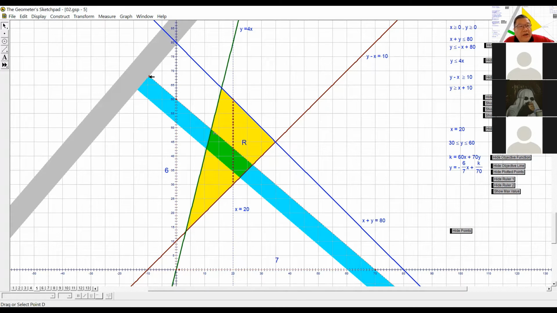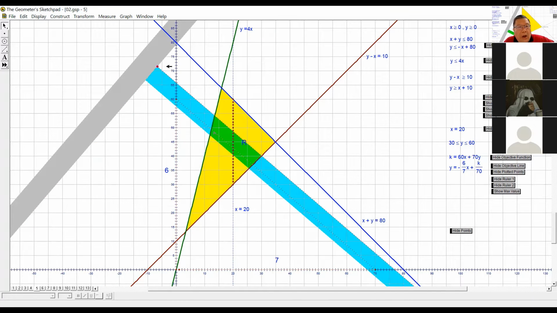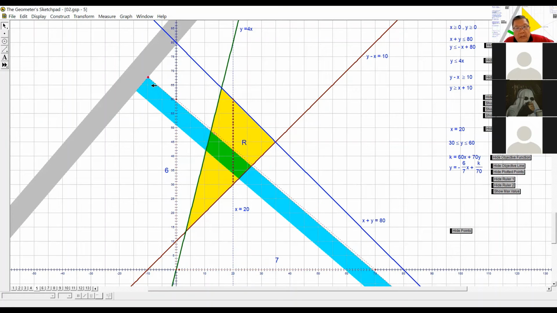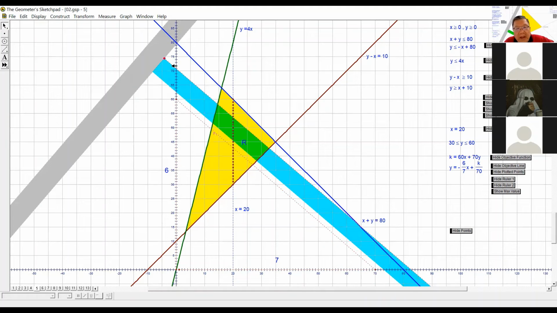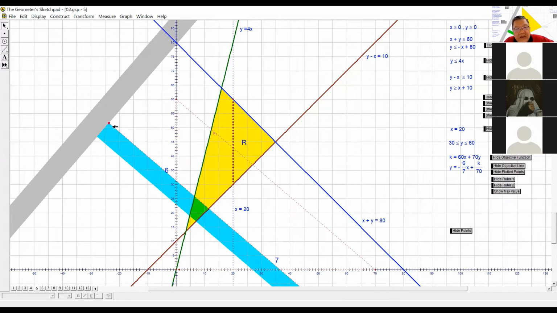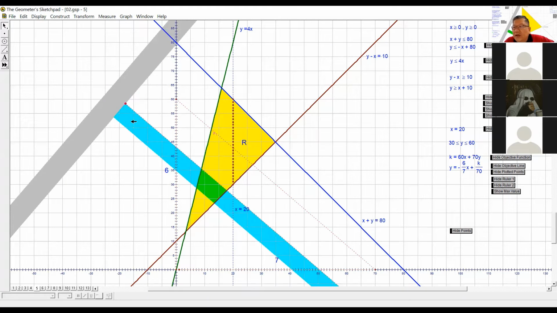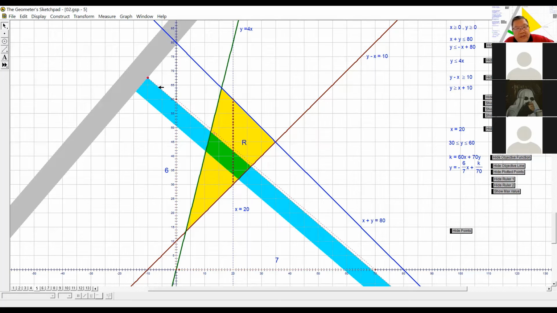And I slide this first ruler along the second ruler. By sliding this first ruler, I actually change the value of the objective function.